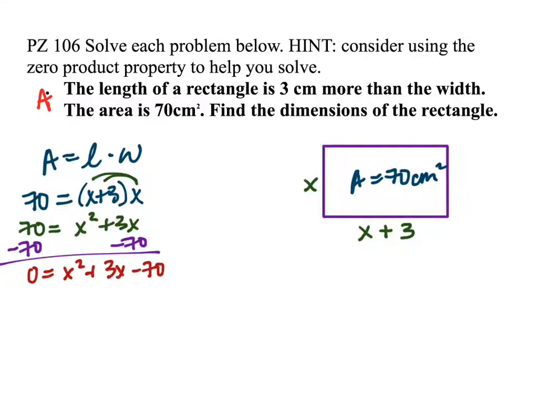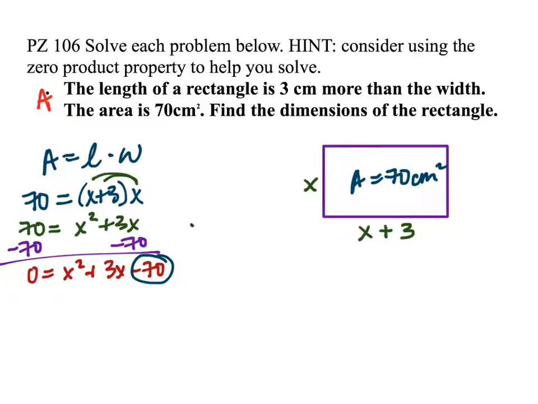Now I'm going to go through this process and factor this quadratic equation. Again, I have x squared plus 3x minus 70. If I were to use my decision tree, it would tell me there is no GCF. It also would tell me that I have 3 terms, and the first term coefficient is 1. So that tells me I have third term factoring that I'm working with.